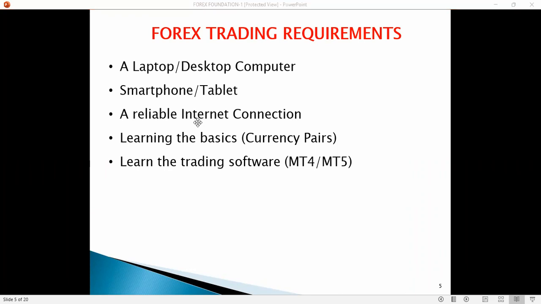So now, learning the trading software. Yes, this is one of the problems a lot of people are facing, most especially the newbies and some intermediate traders. But learning the trading software is very, very important, because this is where you are going to be placing your trade. You want to learn the software both on your computer and on your phone, so that you can trade on both as time goes on.